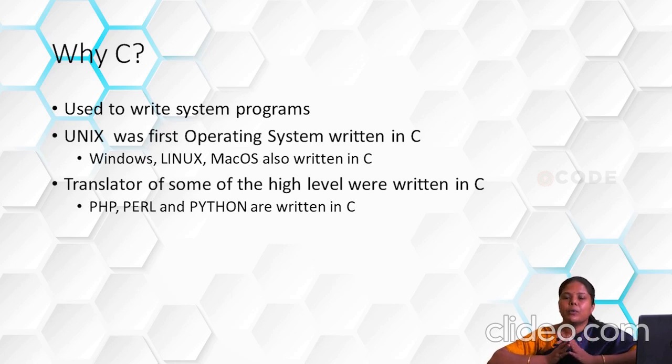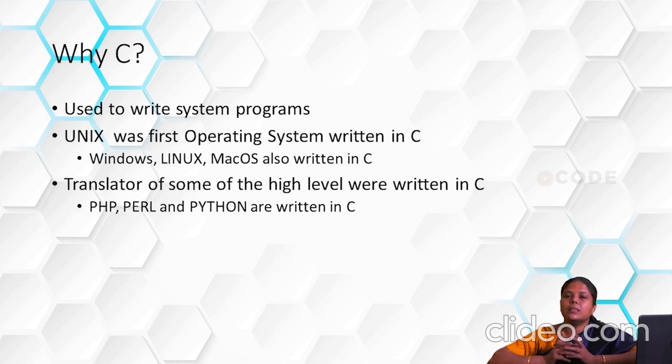So using C, we can do both system programming as well as application programming. In system programming, the operating systems are also written in C. The first operating system written in C was the Unix operating system. After that, Windows and Linux were also written in C programming language.